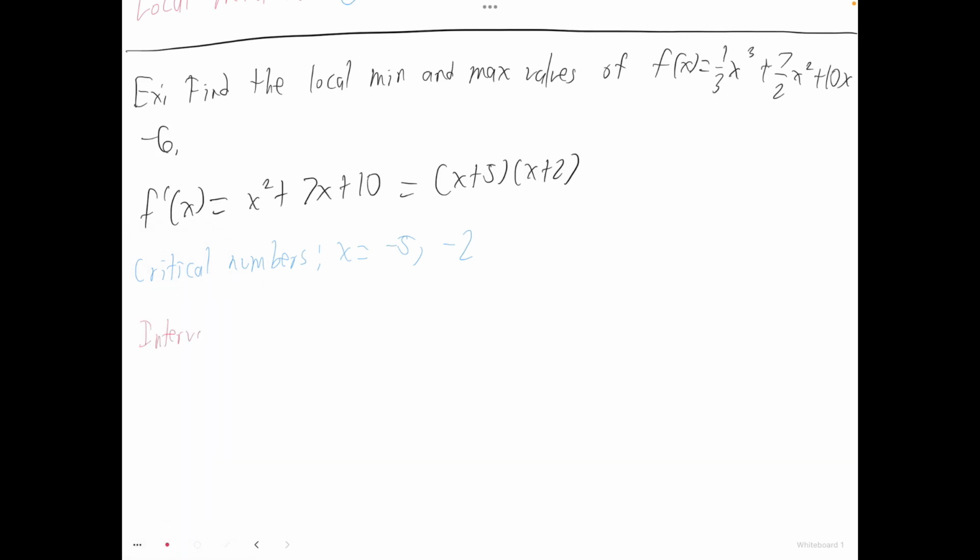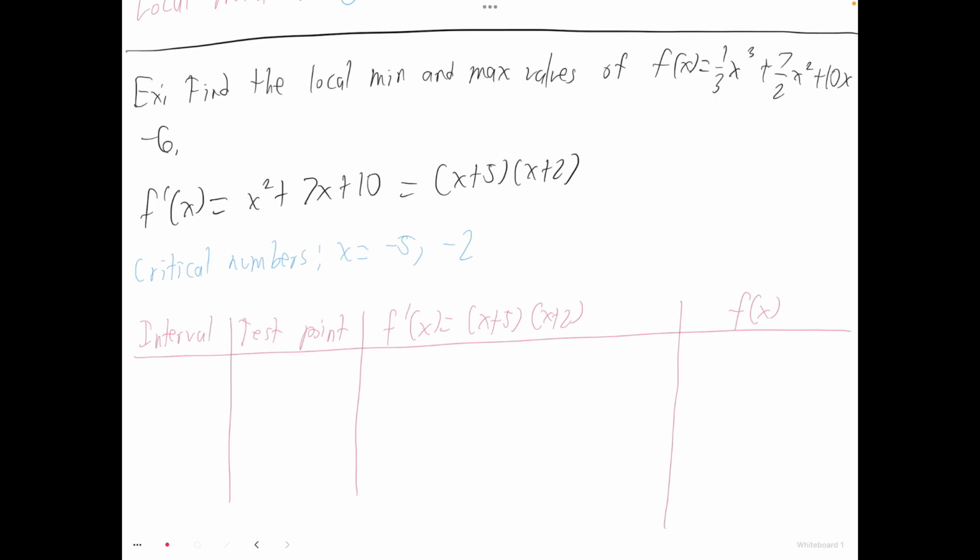So we have our possible intervals, our test point, f prime of x, which again is x plus 5 times x plus 2. And then we have what is f doing. And so our first interval is negative infinity to negative 5. And then negative 5 to negative 2. And then negative 2 to infinity.